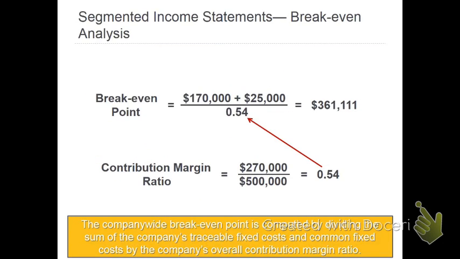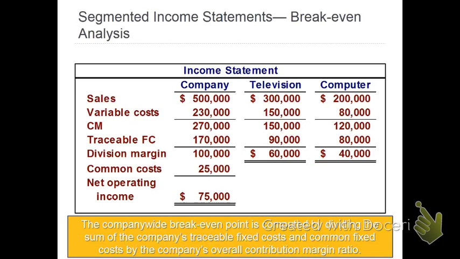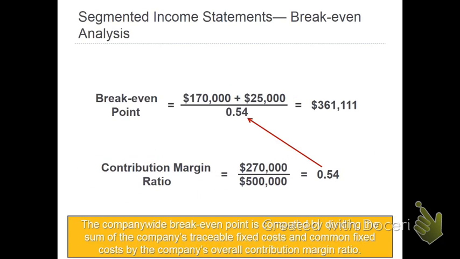So if we wanted to figure that out, we take all the fixed costs, the 170 grand plus the 25 grand, and divide it by the 0.54, which will give us our break-even point in dollars.